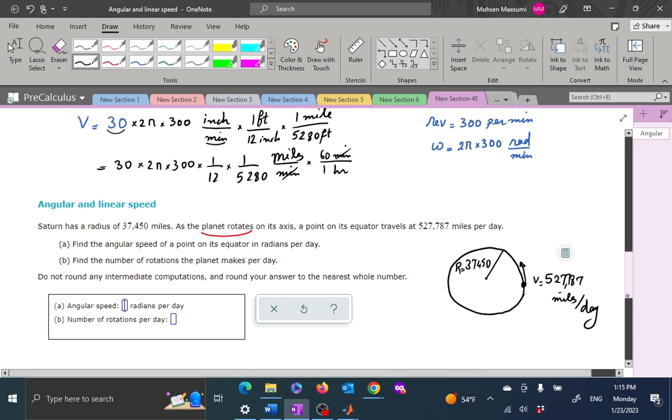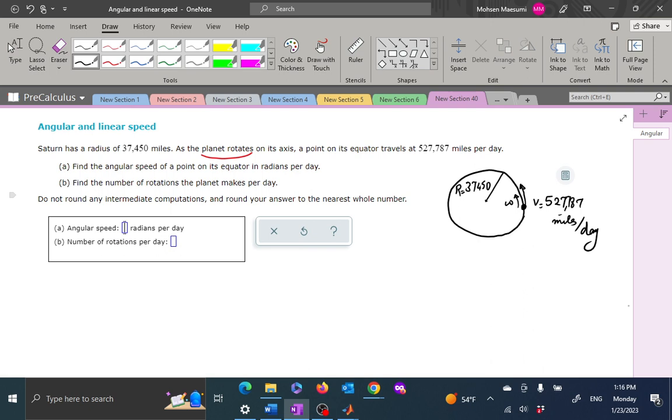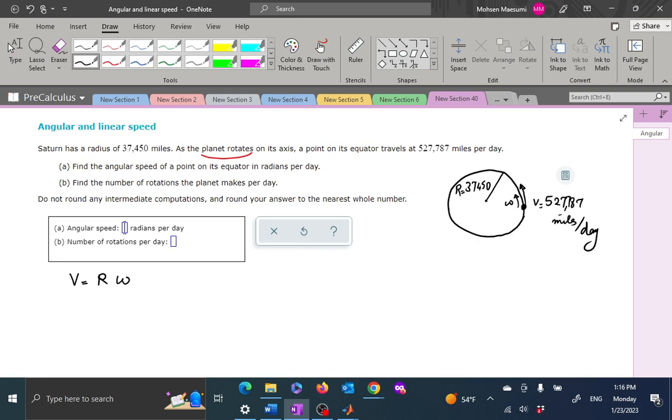And what we want to do is to find the angular speed of a point. So as this point turns around, what is the omega of it? No different from everything that we have done so far. So the speed or the velocity is as before, r times omega.